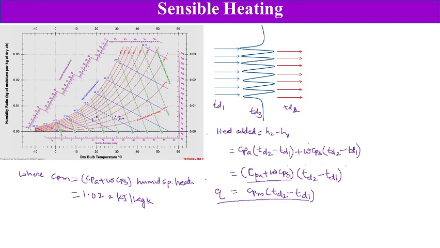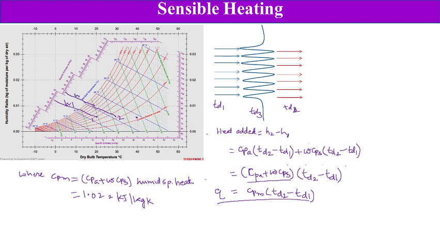So one thing we can remember, we have 3 points, point 1, 2, 3. The temperature of air entering is TD1, and corresponding to this we will get enthalpy H1 from this scale. Then corresponding to point 2 we get enthalpy from this scale.